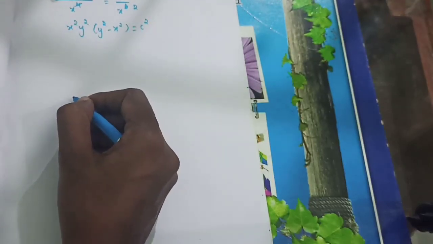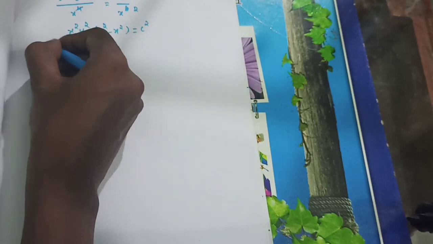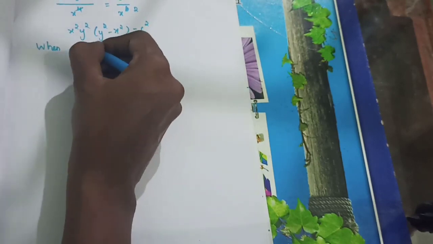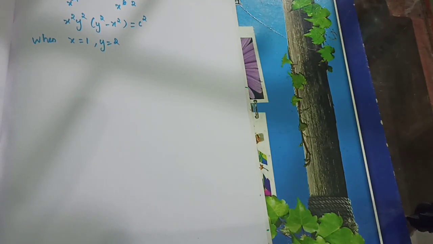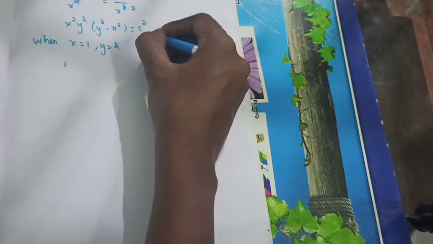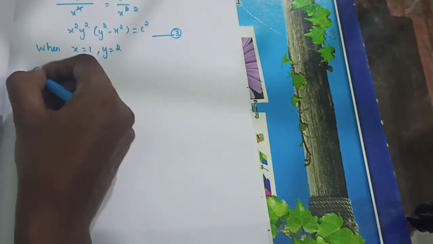Okay. So here you keep it in mind, that is in your question, when x is equal to 1, y equal to 2. If you read the question, you come to know the curve passes through (1, 2). So x is 1, y is 2. Okay, so substitute here. Take it as equation number 3 and substitute.